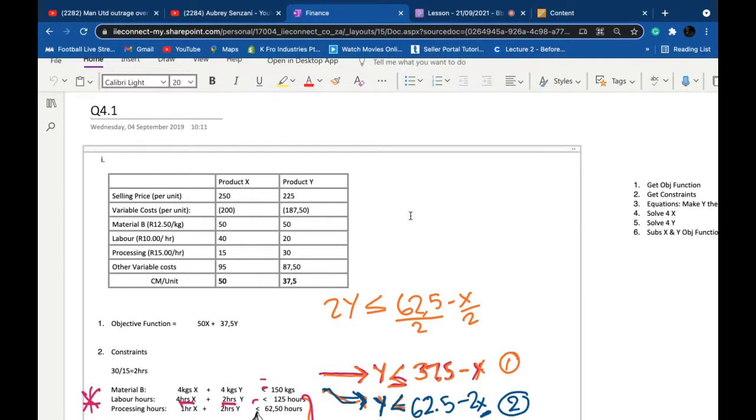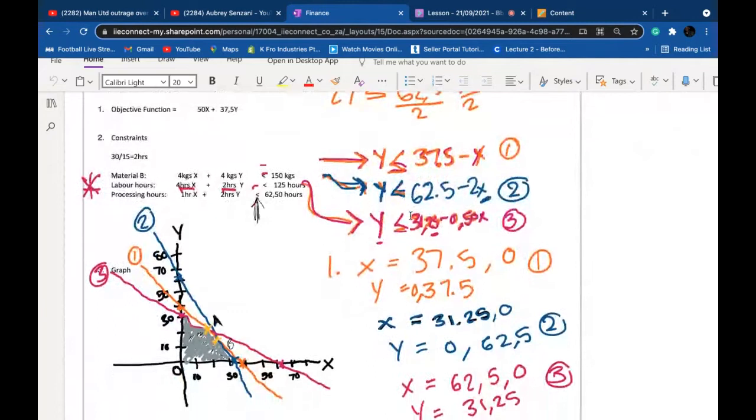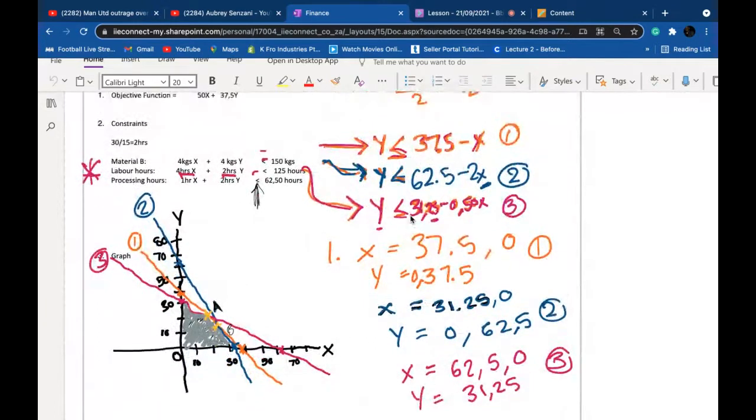So here you can see we have product X and product Y, and the objective function is the contribution, or should I say the marginal income of X plus the marginal income of Y. Okay? So they'll then give you constraints.